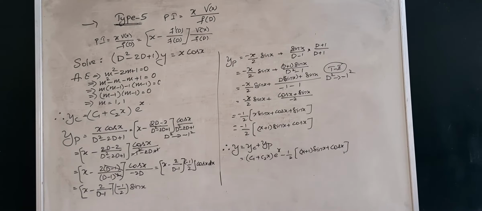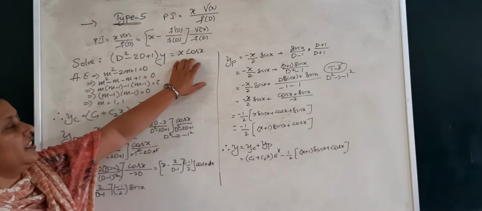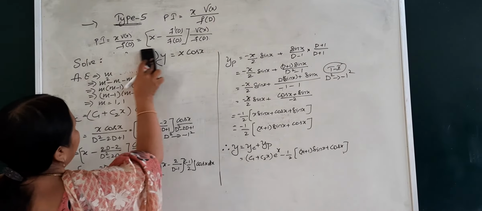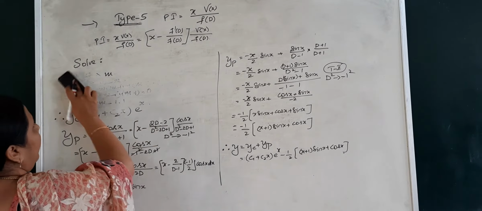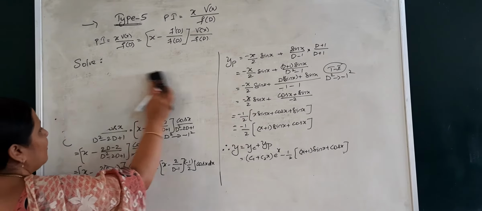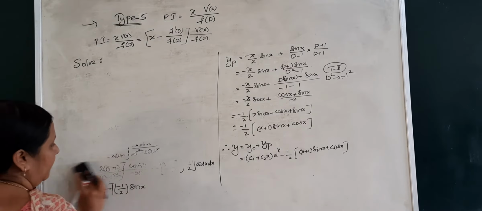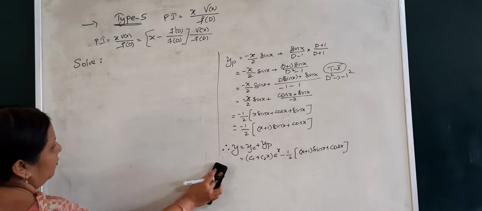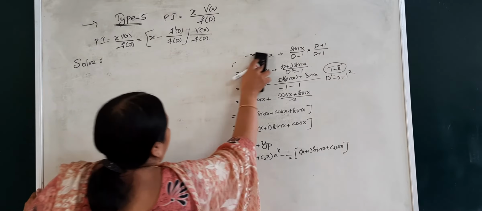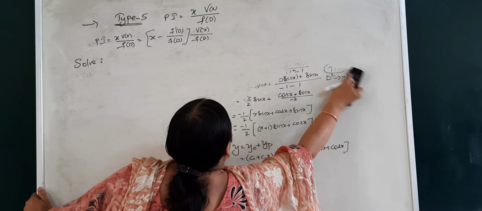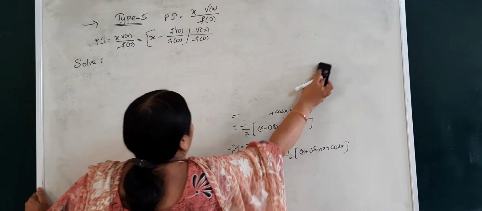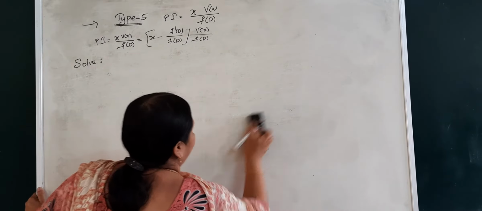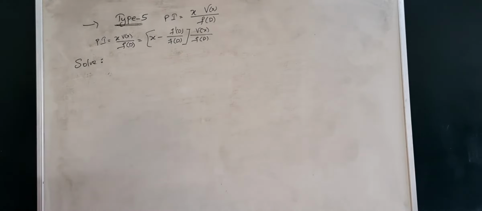So let me solve a problem where you have 3 terms in the phi of x part. Let us see that as well. That also comes under the same type, maybe mixed type. Okay, product of 3 terms, not just 2 terms, but 3 terms. Let us see.